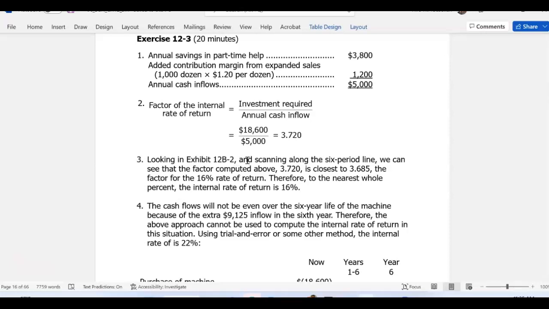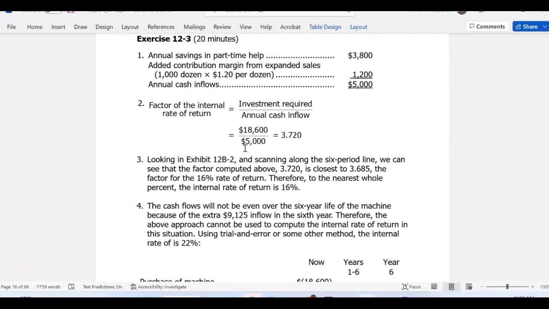So let me explain what that is. But before we go, one more time. In order to find the factor, you say my investment is 18,600. My cash flow is 5,000. So 18,600 divided by 5,000 is 3.720, right?